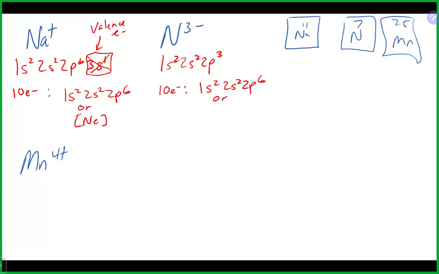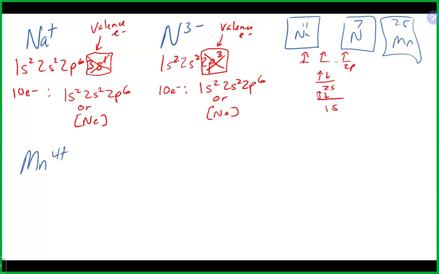Once again, it is going to lose these electrons here, which is also its valence electrons, and we'll end up in neon's configuration. Now, if we look at the orbital diagram for nitrogen, it's got this, and then it's got 1, 2, and 3 for our 2p.